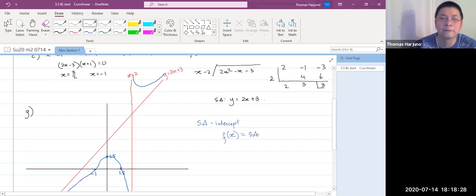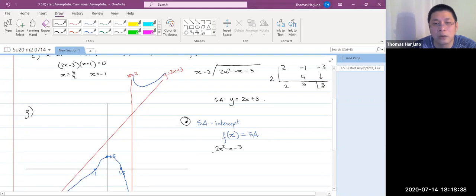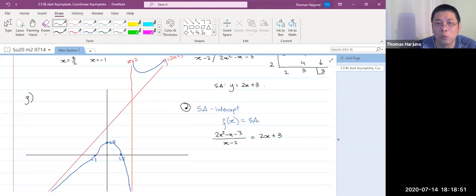That's the key. The function is (2x squared minus x minus 3) over (x minus 2). The slant asymptote is 2x plus 3. Now we don't know if there's any intersection though. I guessed earlier that there won't be any, but there could be somewhere.